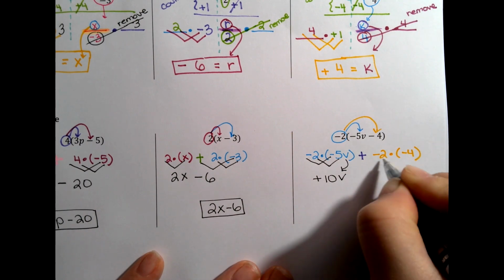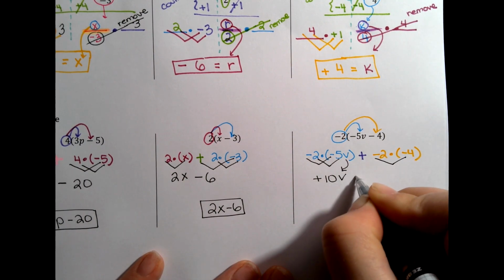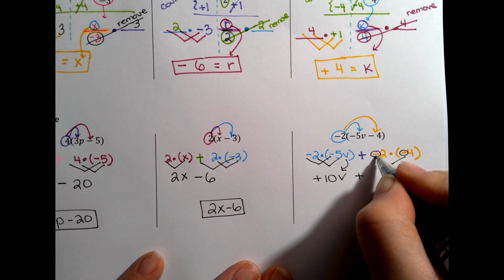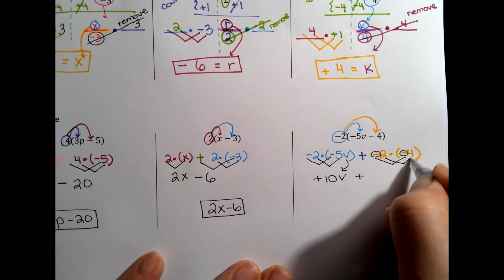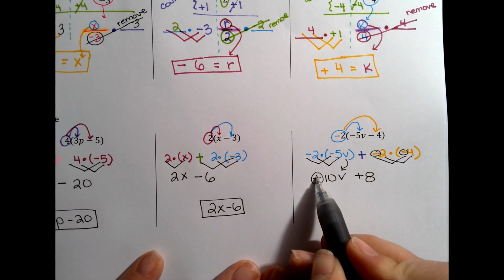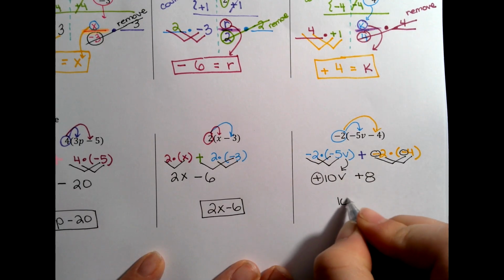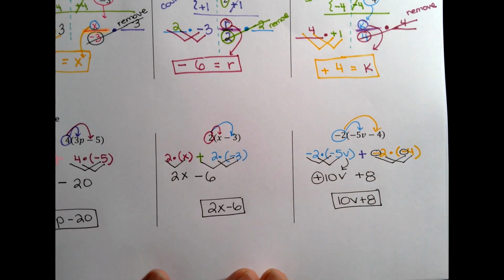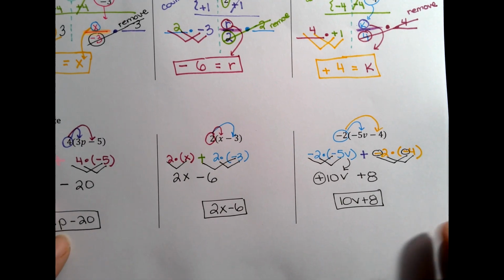Yes, that letter is V. Same or different? Same. So I'm looking here. Ignore the plus. We don't need it. Same or different? Same. 2 times 4 is 8. Ignore this plus right here that I just circled, this one that I'm pointing to. We can remove it because it's in the beginning. So 10v plus 8 is our answer. Okay, moving on.